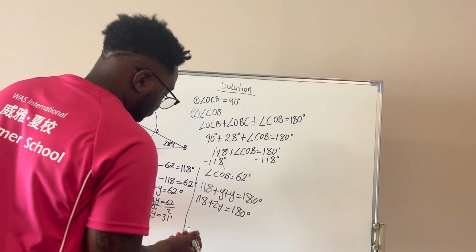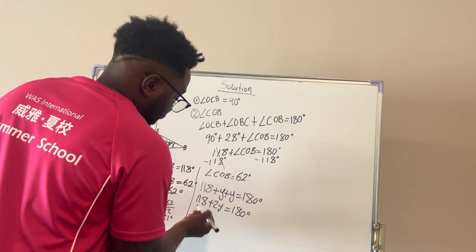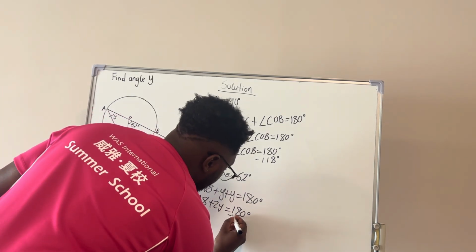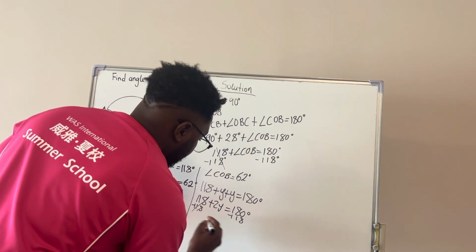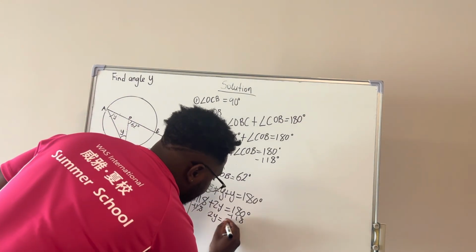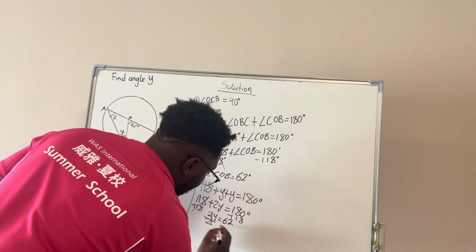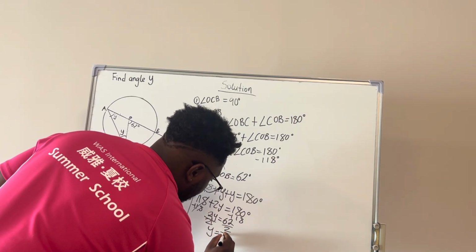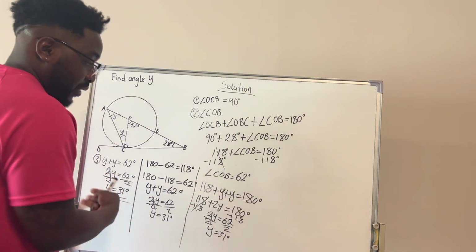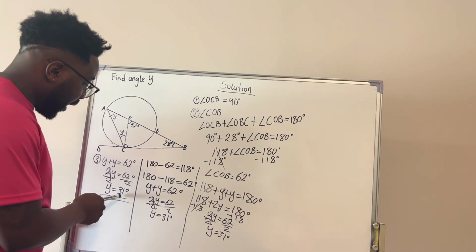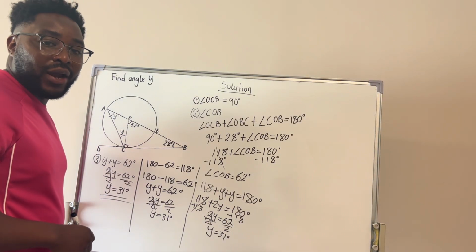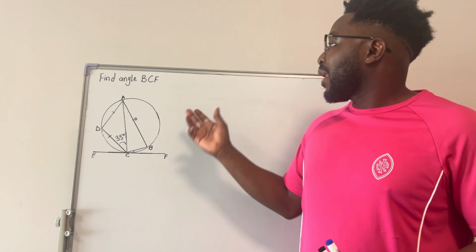Then we isolate our 2y by subtracting 118 on both sides. What will that give us? That will give us 62. We isolate our y and we remain with y equal to 31. So either of the steps that you use, you still arrive at y equal to 31.